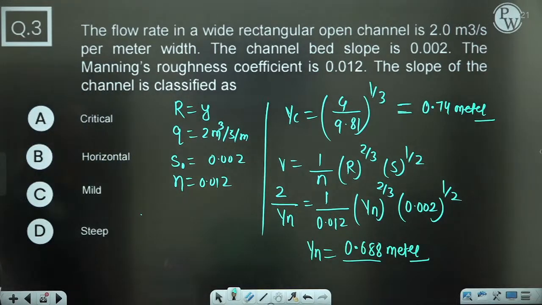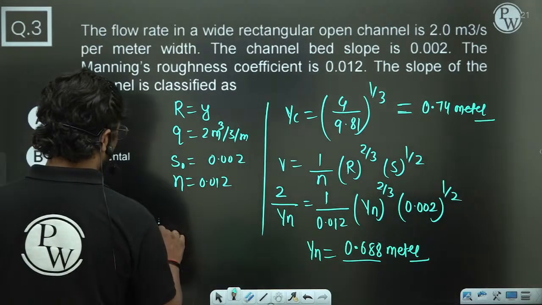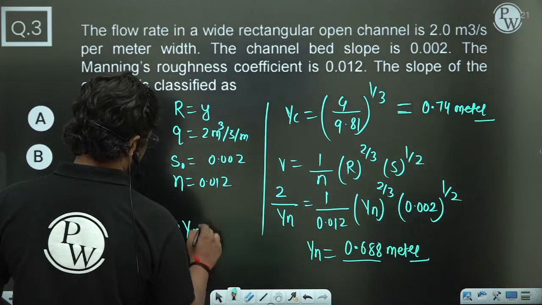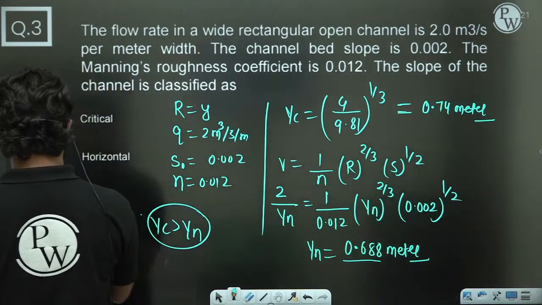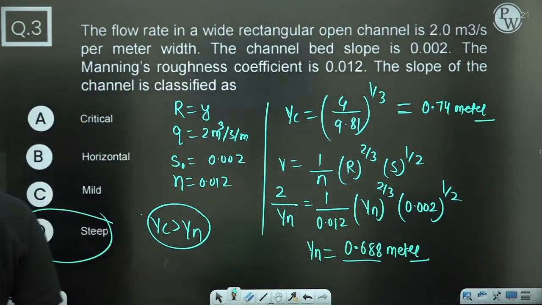Okay. So as you can see here, YC is more than YN. So it will be a steep slope. It will be a steep slope.